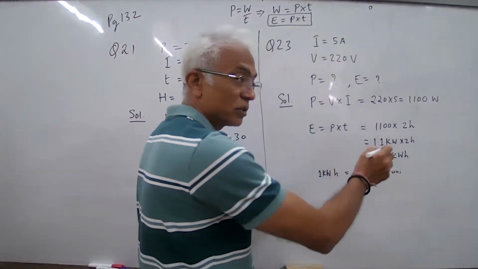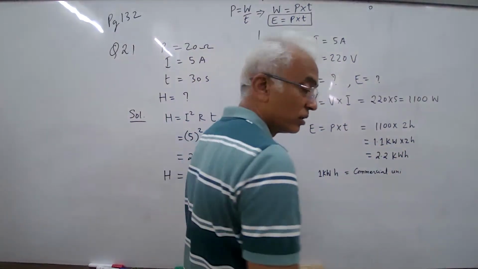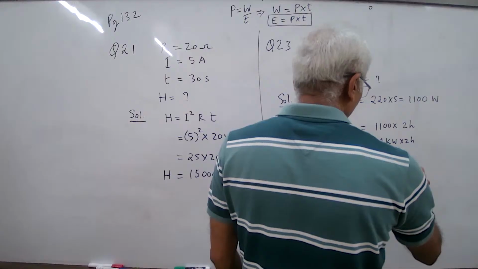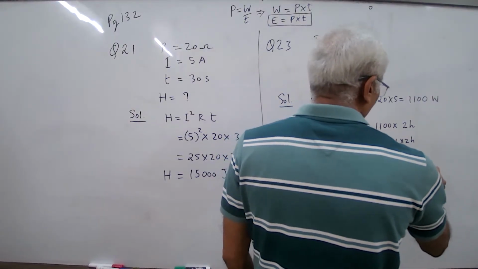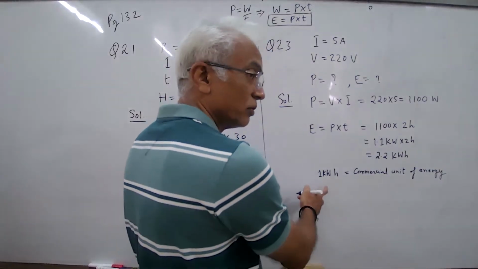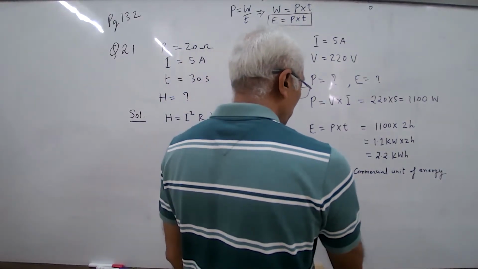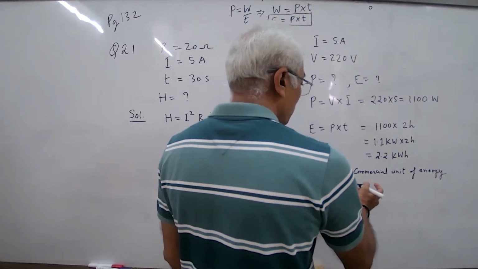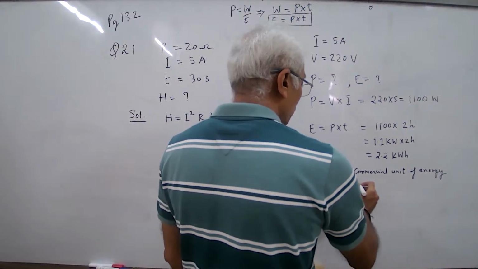It is not part of this question. I'm just telling you, since we missed it. So it is also referred to as 1 unit. 1 unit of commercial unit of energy is equal to 1 kilowatt hour.